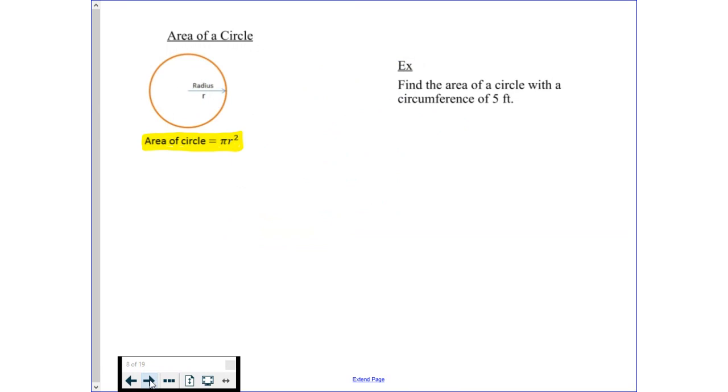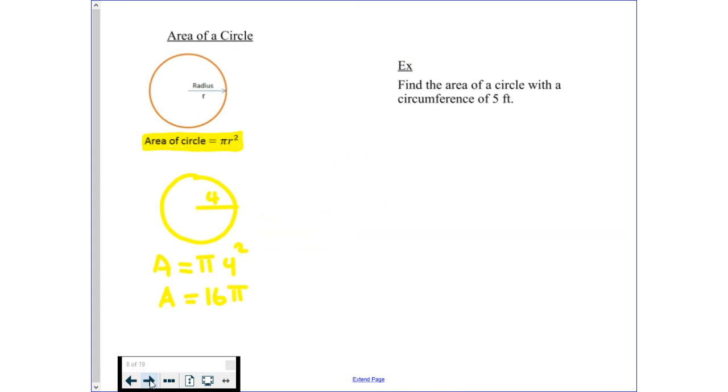Now, for example, if I have a circle with radius, let's say 4, the area equals pi times r squared, 4 squared, 16. So I'll just say 16π. If pi is not given, sometimes on the assignments you are going to do, pi will be given as 3.14. So all you have to do is multiply 16 by pi.